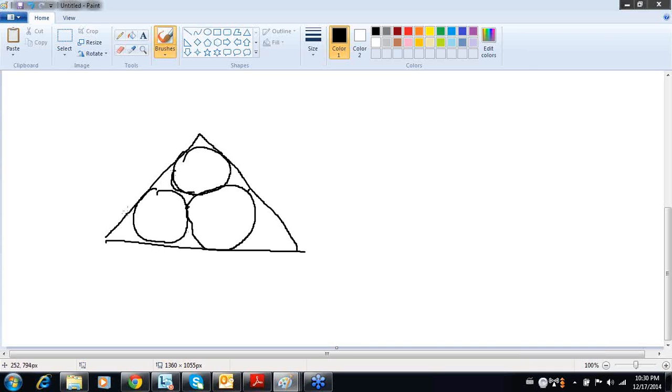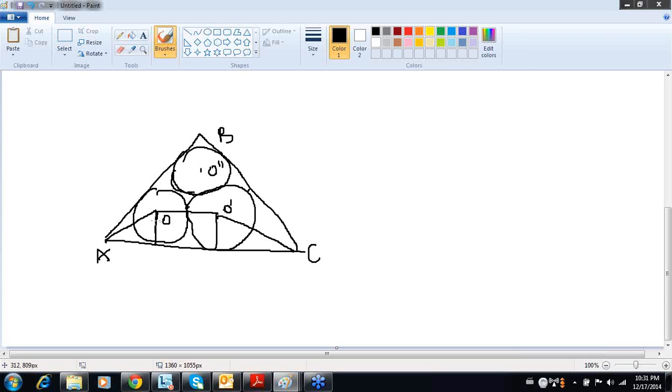It is 3 circles, and what has been given? Okay. So this is our equilateral triangle ABC with circles O, O dash and O double dash.